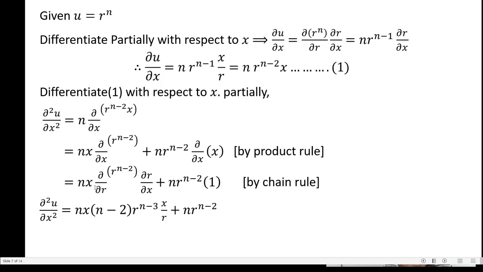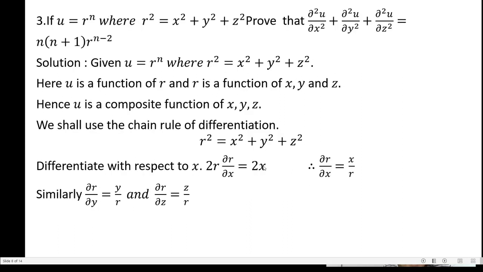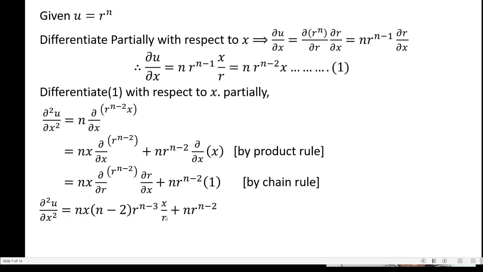Next, n into x into, here look here, r. First we have to differentiate with respect to r, then with respect to x, right? Del by del r of r to the power of n minus 2 into del r by del x plus n into r to the power of n minus 2 into the differentiation of x with respect to x means 1. Next, nx into n minus 2 into r to the power of n minus 3 into del r by del x, we have the result x by r, plus n into r to the power of n minus 2. This is del square u by del x square.